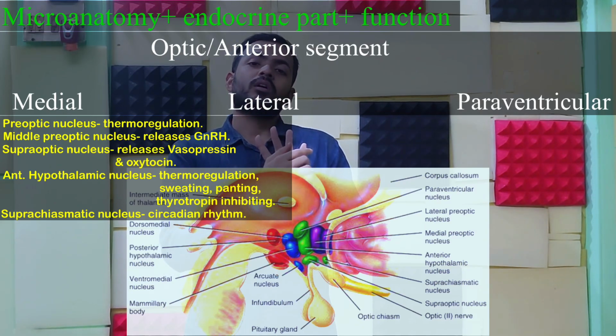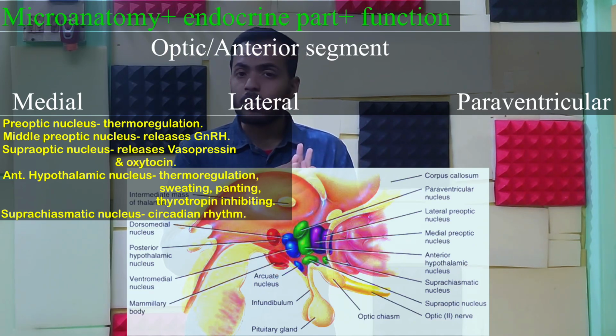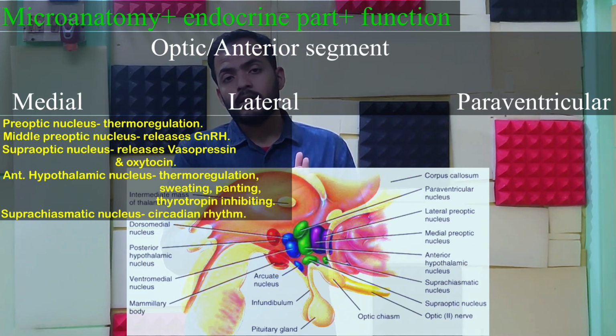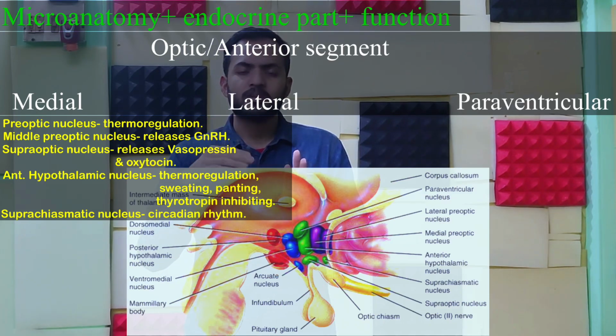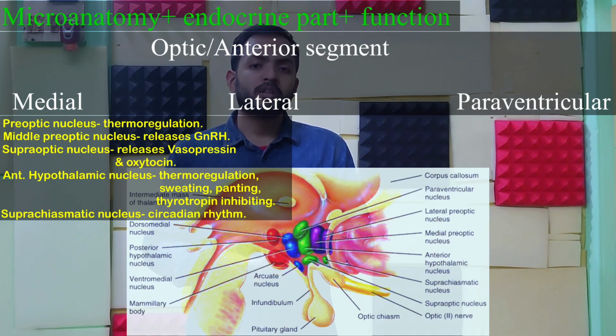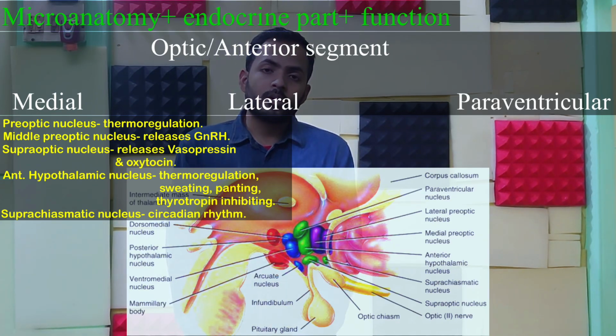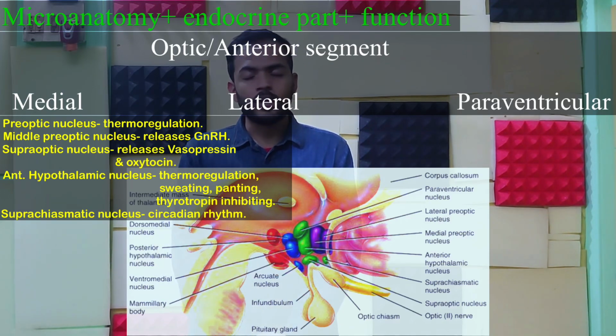It controls our temperature along with the preoptic nucleus combined, and it also controls our sweating, panting, and it also inhibits thyrotropin action. I will talk about all this mechanism later, not now. And fifth, you will get the suprachiasmatic nucleus. It triggers our pineal gland to control our circadian rhythm. Anyway, I will talk about this later.